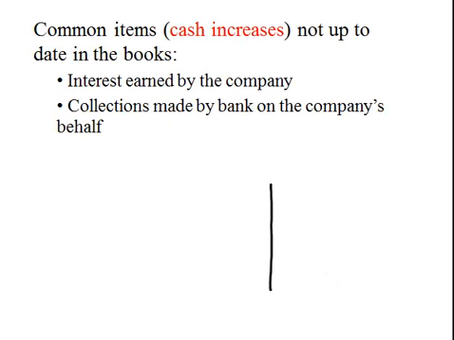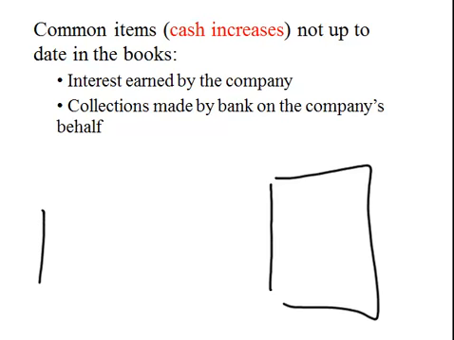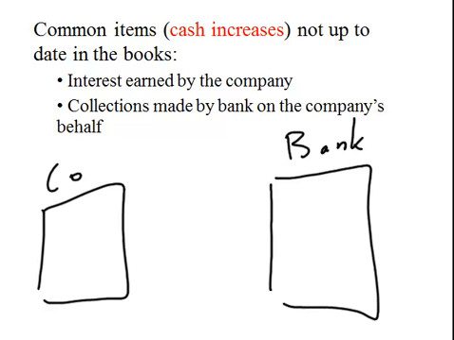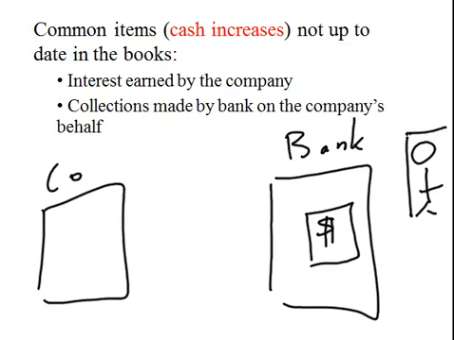Next are items that the bank knows about, but that we, the company, have not yet made adjustments for. Examples include interest that has been earned by the company and credited to our account by the bank, and collections made by the bank on the company's behalf. We often have circumstances where another corporate customer, probably not an individual, makes payments directly to the bank for amounts that they owe us.